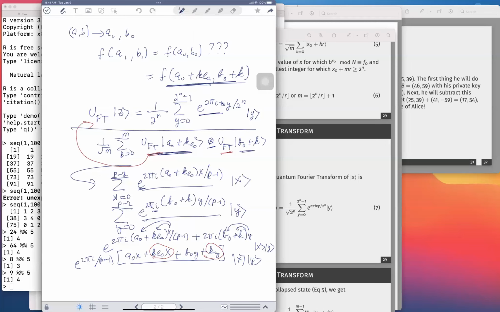So this becomes a0x plus b0y plus k e_a x plus y. Okay, that's what happens.